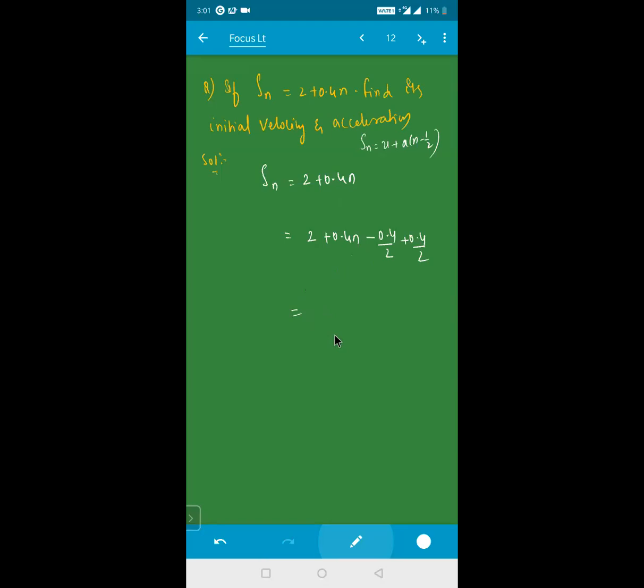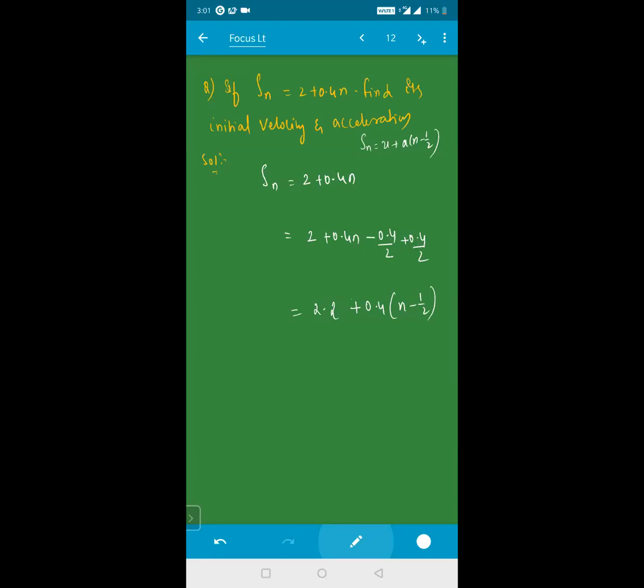You can take the LCM, sir. Yes, so now this will become how much for me? 2 plus, if I take 0.4 common, this will become n minus 1 by 2.